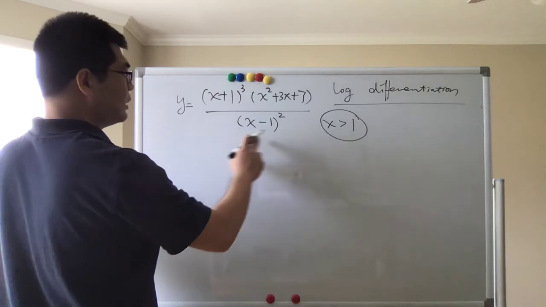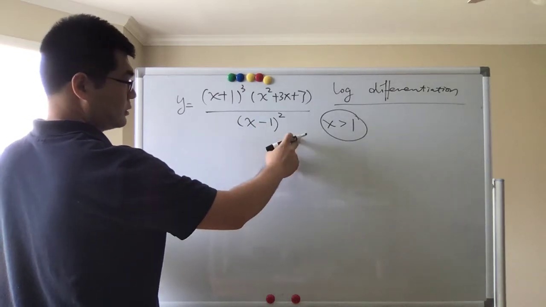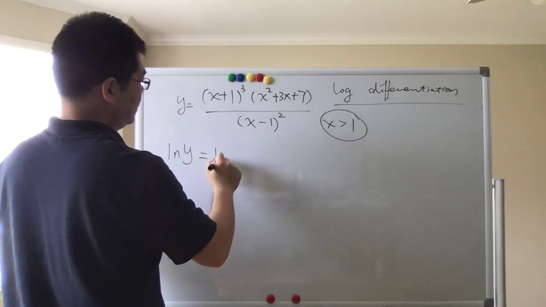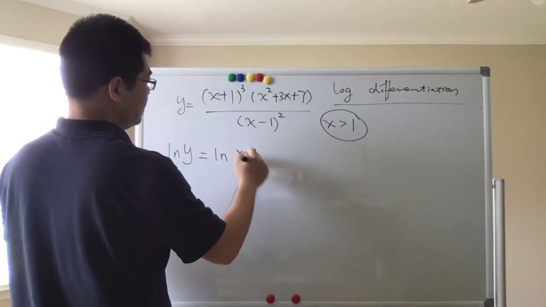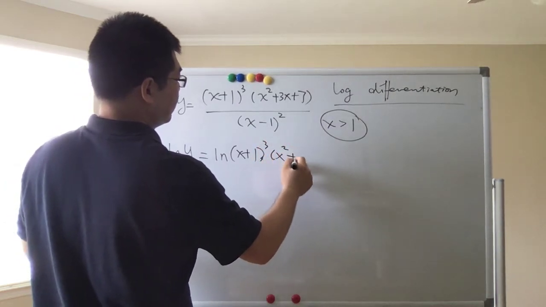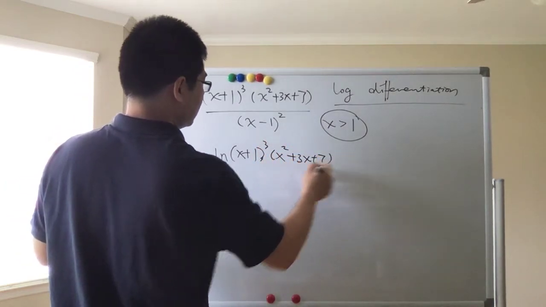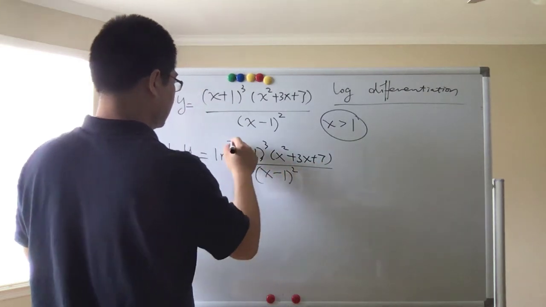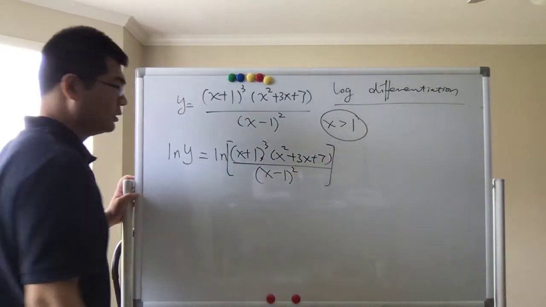If we take a natural logarithm on both sides, that is ln of y equals ln of (x + 1)^3 times (x^2 + 3x + 7) over (x - 1)^2.